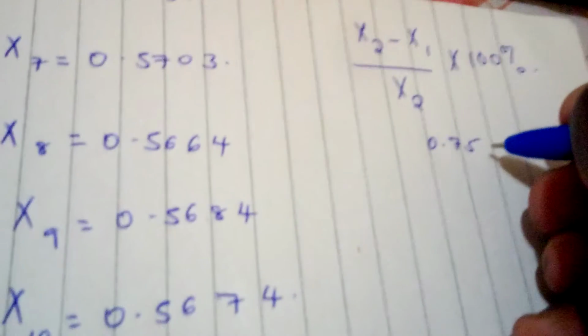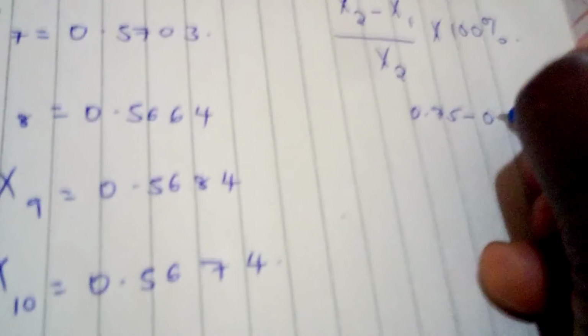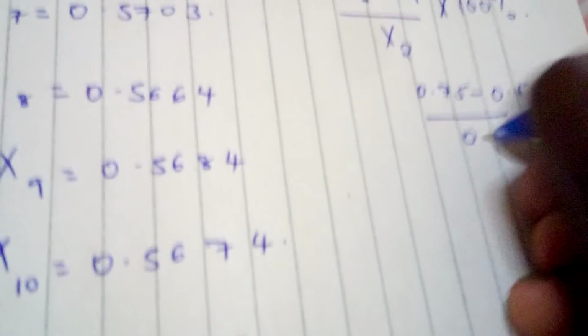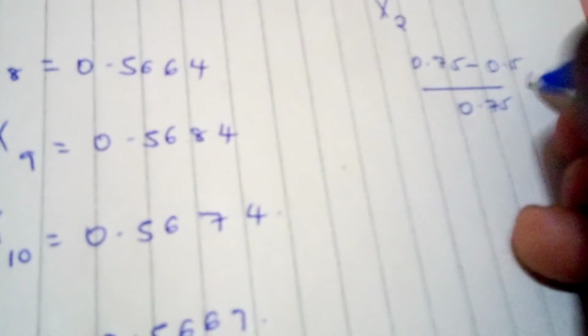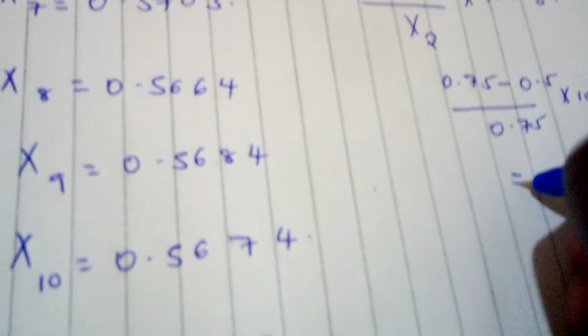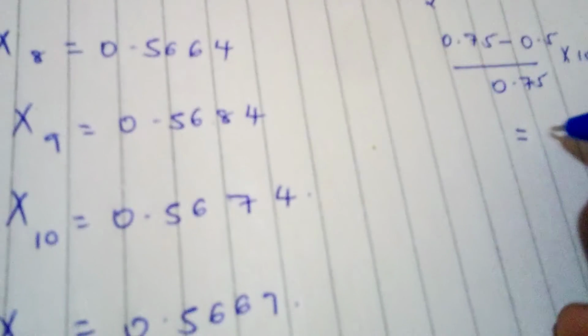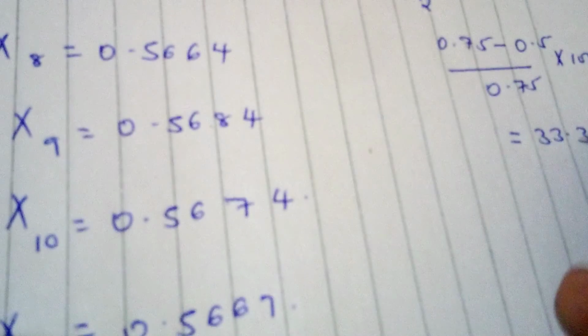So x2 minus 0.5 divided by 0.75 times 100, which should give you a percentage of 33.33%.